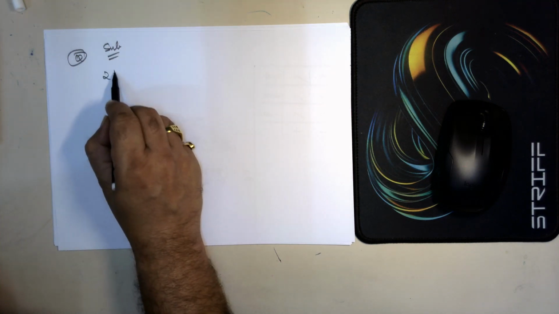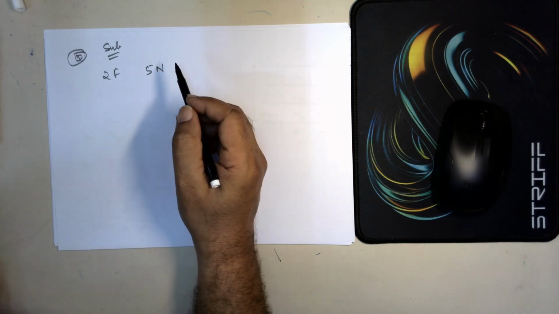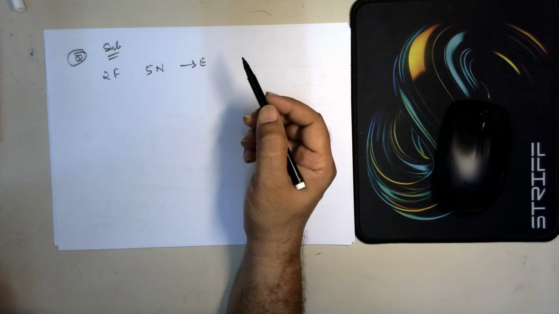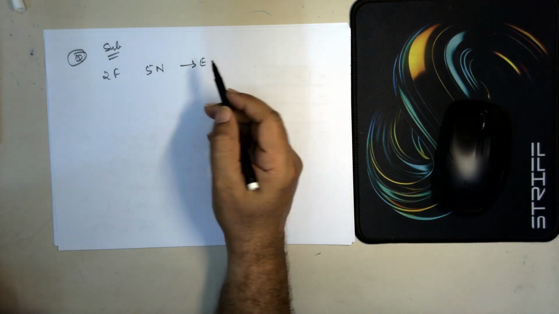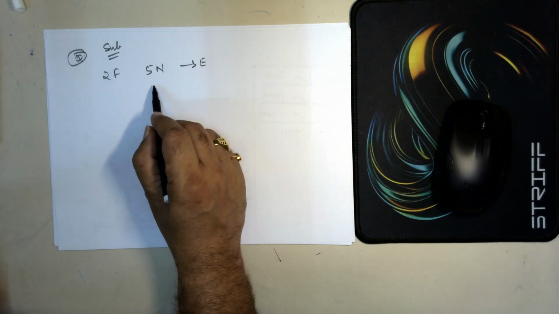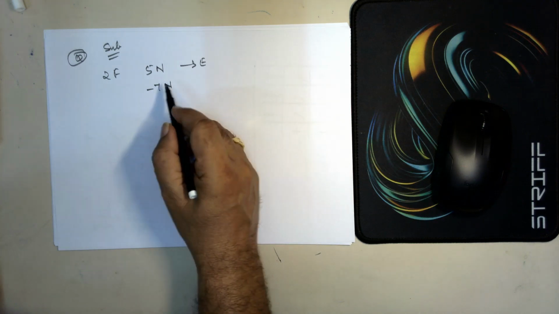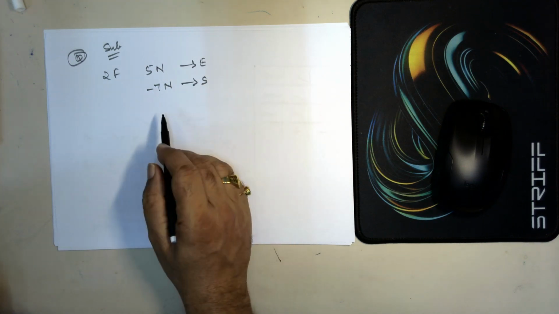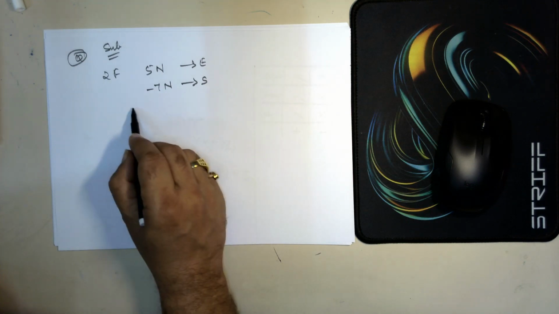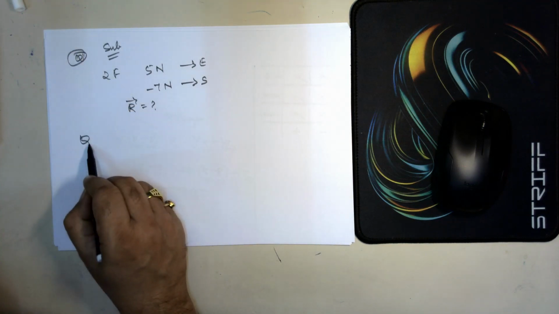Question number one. This is based on subtraction of vectors. Two forces of 5 Newton towards east and 7 Newton towards south act on a particle. Find the resultant force. Question number two.